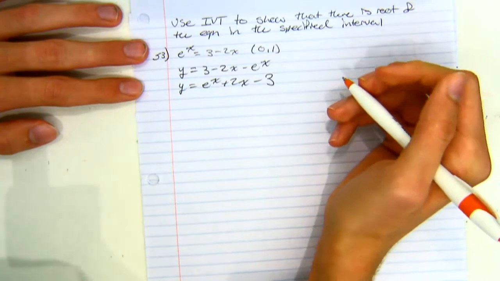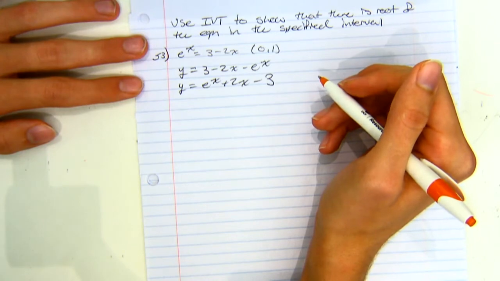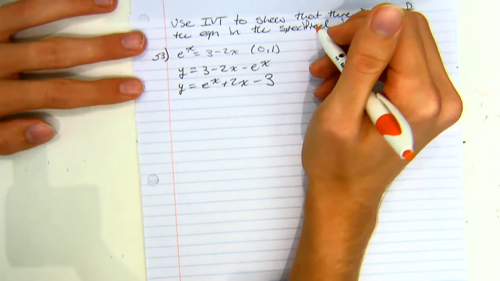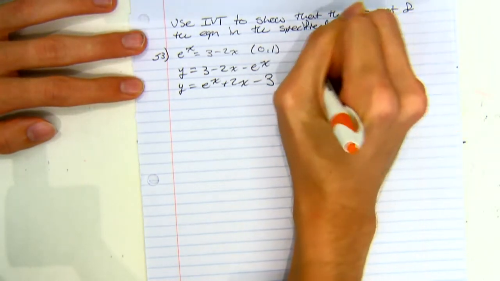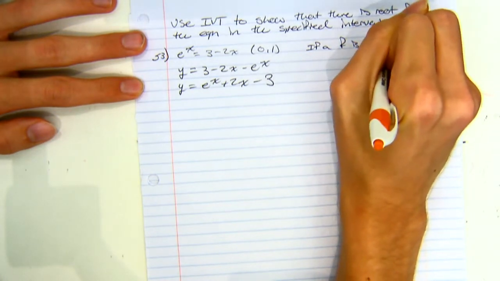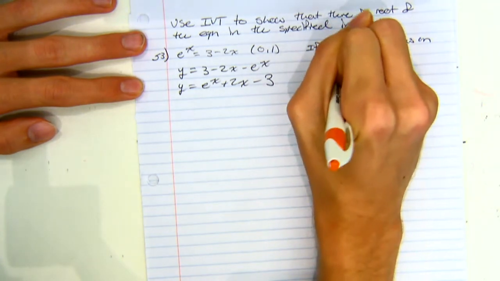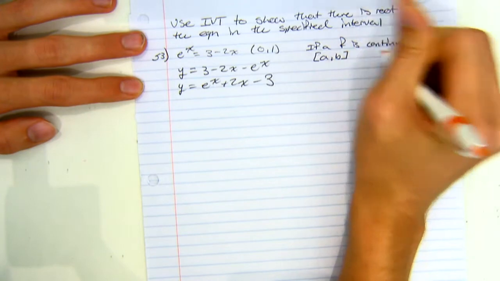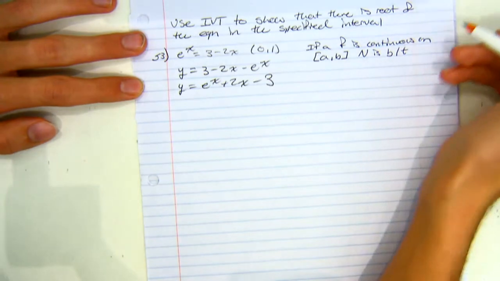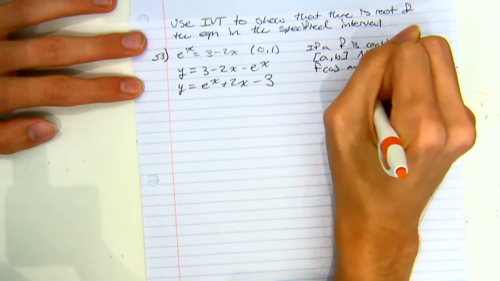For this, we're using the intermediate value theorem. It states that if a function is continuous on the closed interval [a, b], and f(a) and f(b), basically the y values at a and b, aren't equal to each other, then there is going to be some number c so that f(c) equals n. By the way, I abbreviate a lot, so if you don't understand something, just ask.